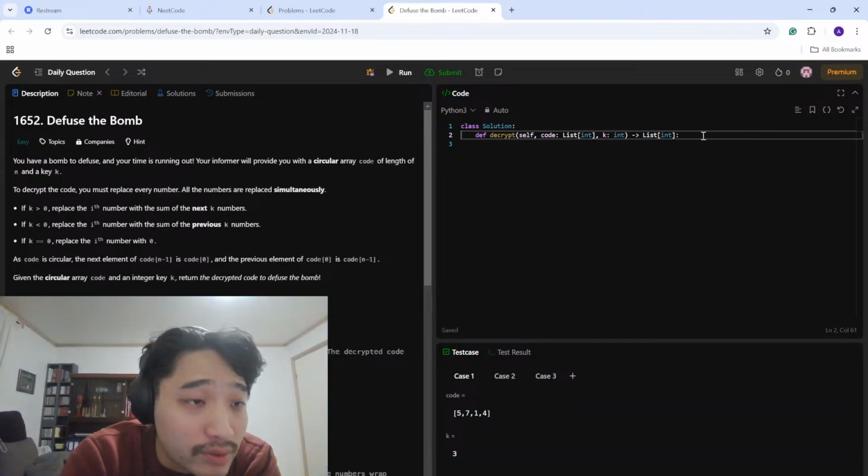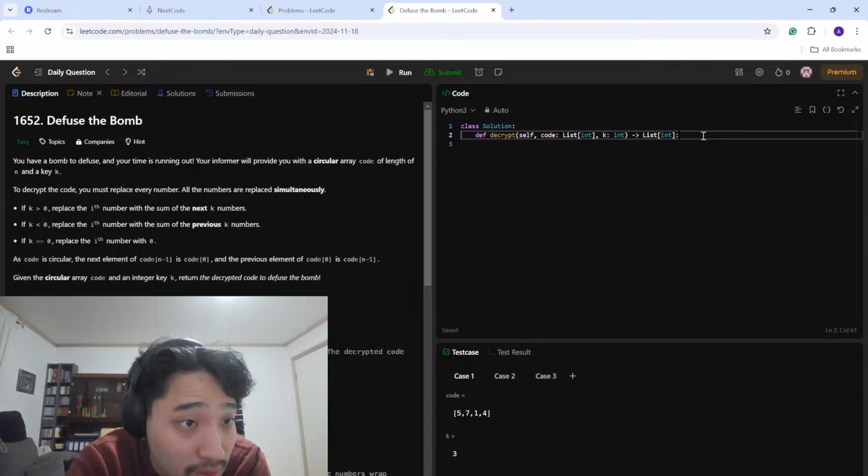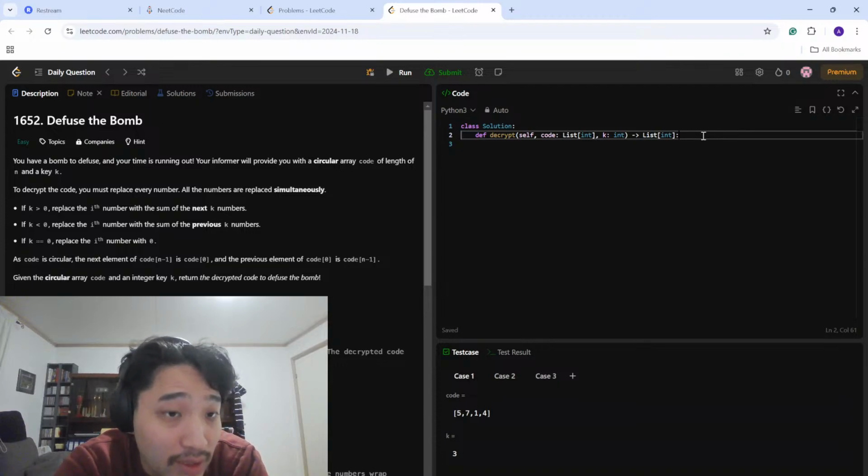Array code of length n and k. Every number, all simultaneously, replace with the sum of the next k numbers.